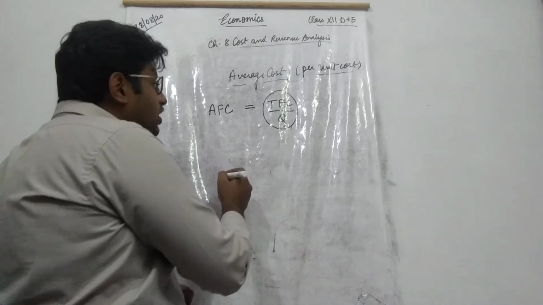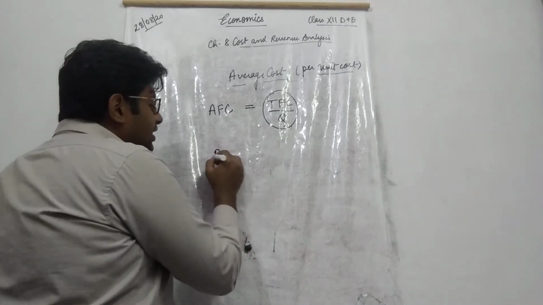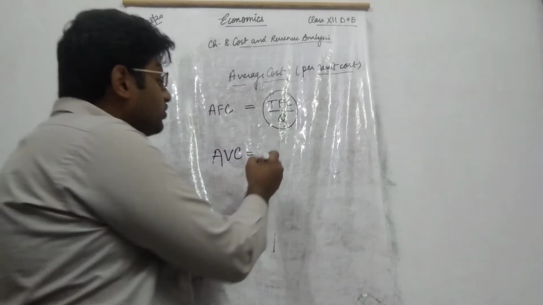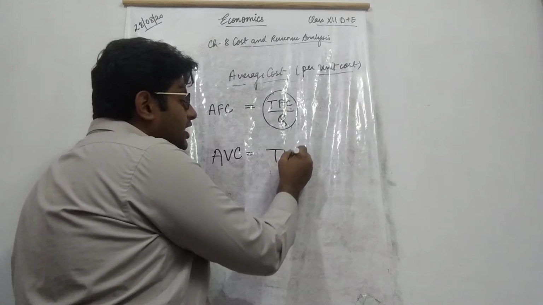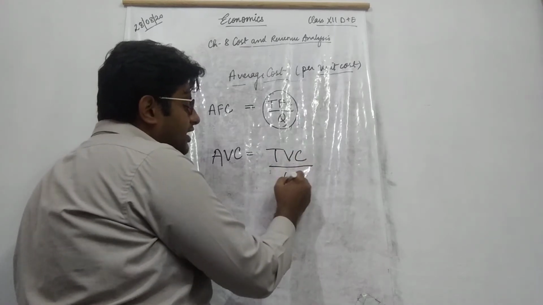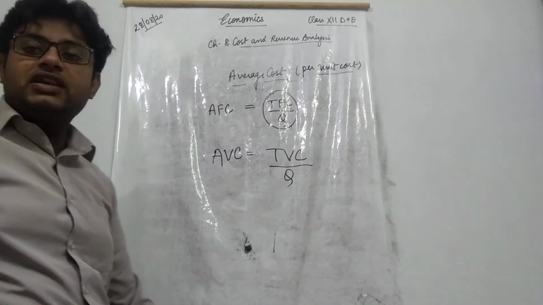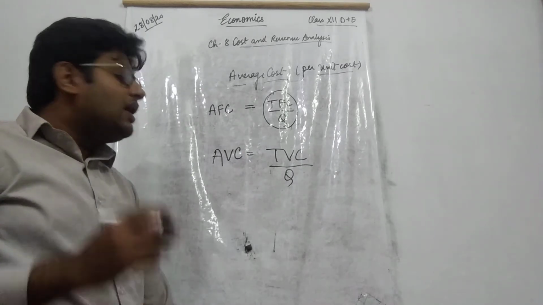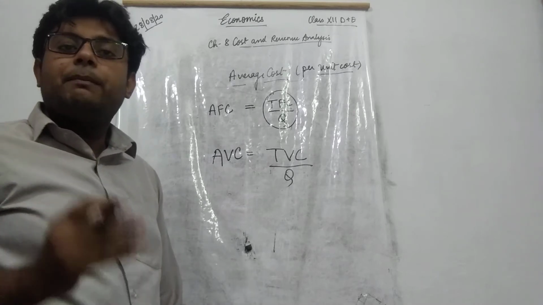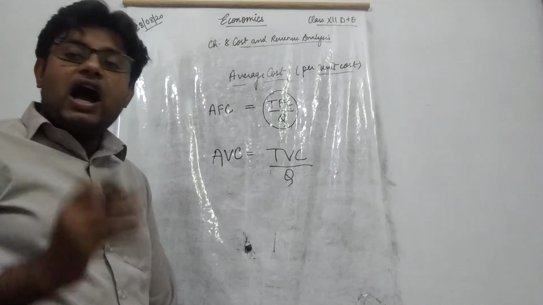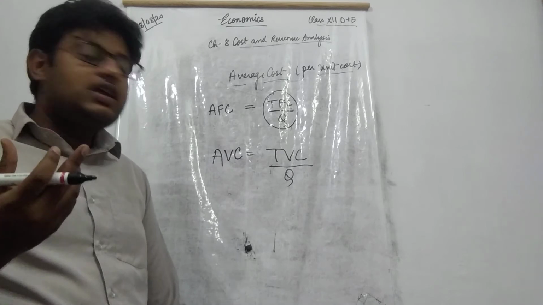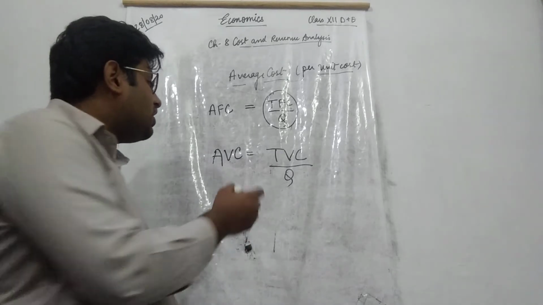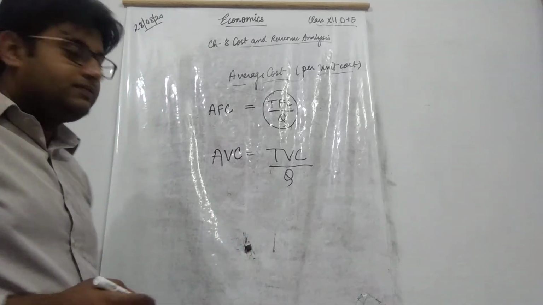Alright, now coming on to average variable cost. Similarly, we divide our total variable cost by the level of output, and we will get our average variable cost. That means per unit of output, how much a producer has to incur as variable cost, that is your average variable cost.